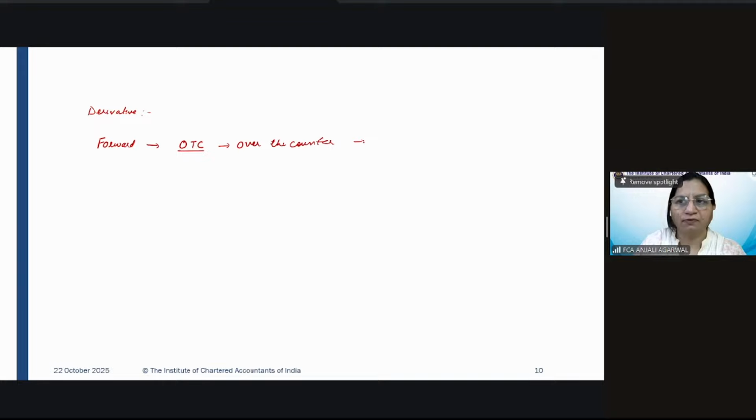So in a forward contract, if your requirement is to, let's say, buy yen 3,50,973, for example, you can make a contract. So you had yen 3,50,973 as payables. So you can enter into a forward contract for exactly 3,50,973 yen.